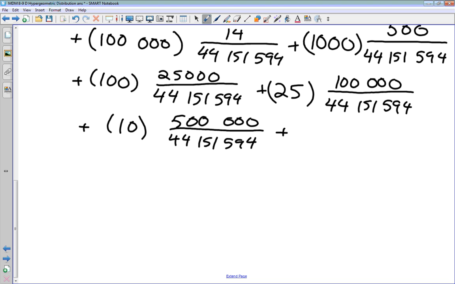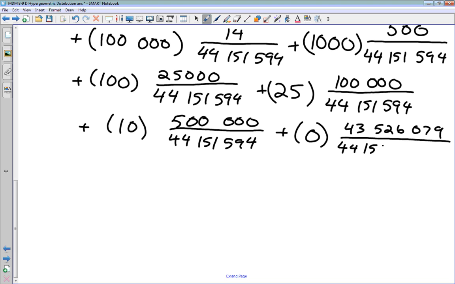And we could, of course, include the $0 prize, but the probability of winning that had by far the largest probability, 43,526,079 divided by 44,151,594. But of course, because we're multiplying by 0, this term is just going to go away. So a lot of times we wouldn't even write that down.